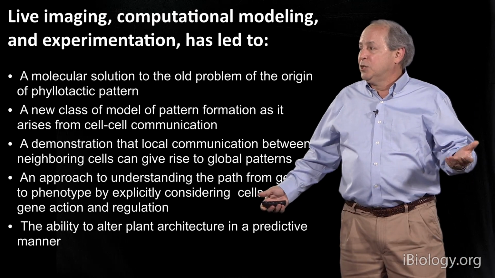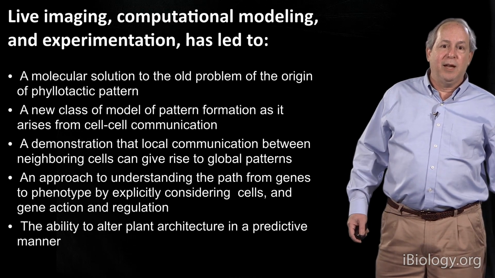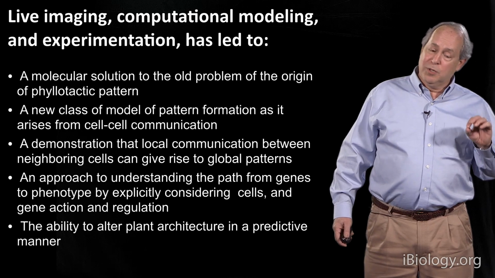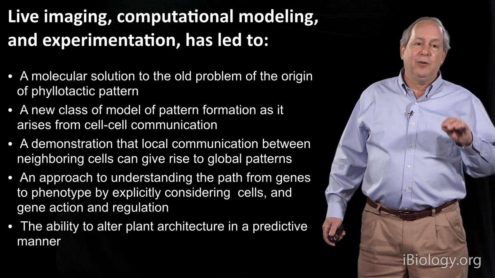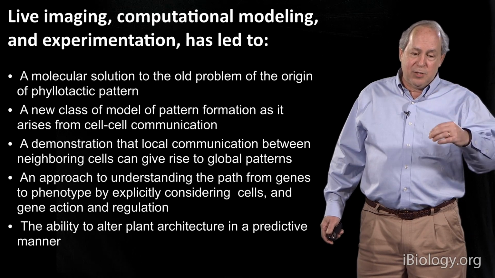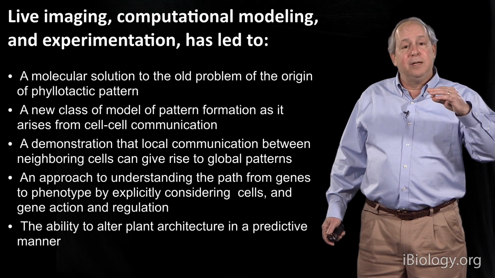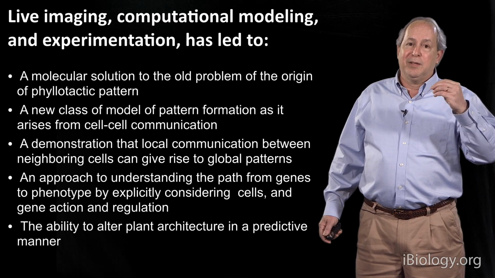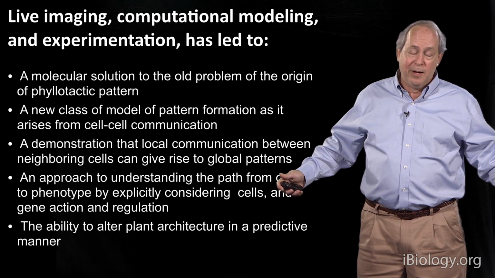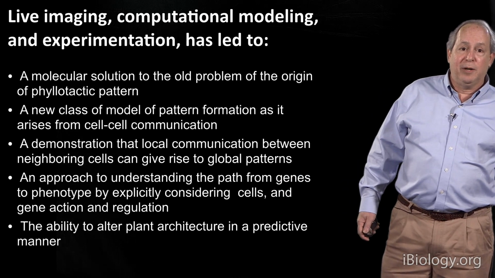We have a demonstration that local communication between neighboring cells can give rise to global patterns. You'll notice that there is nothing in our model that had a cell knowing anything other than its own concentration and the concentration of auxin in its nearest neighbors. And completely local interactions create the global phyllotactic pattern, which is a lesson for all of developmental biology.